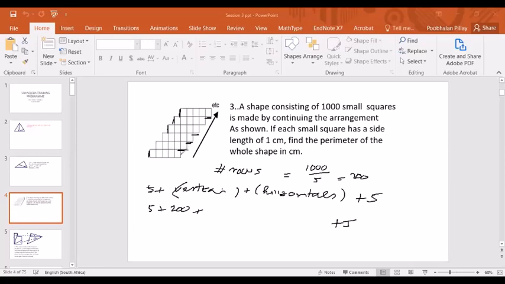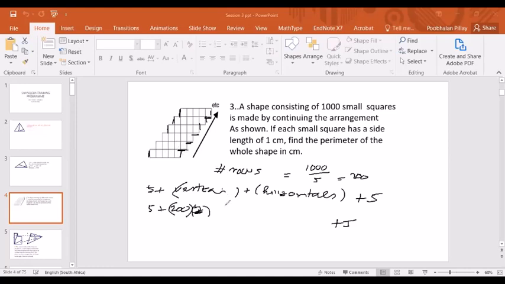There were other verticals on the other side. Yeah, sorry. There's actually 200 times 2 because we didn't count the vertical on the other side. So you got these 200 here and another 200 verticals, so there are two 200s.